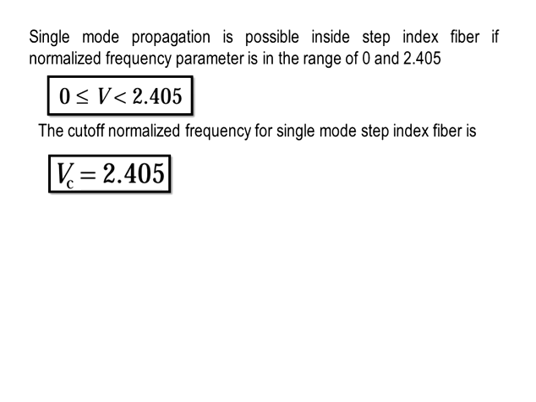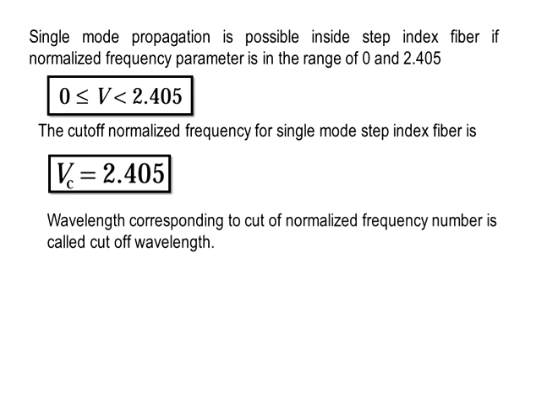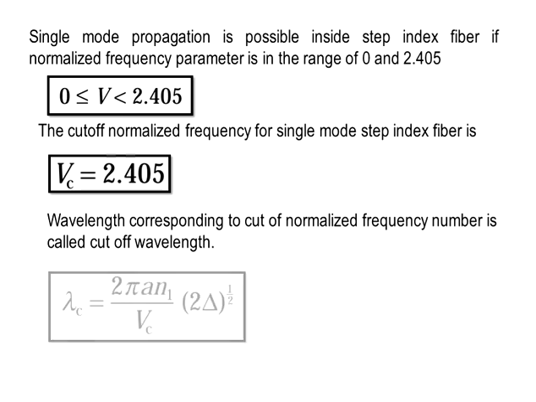Corresponding to this cutoff frequency, we define the cutoff wavelength, as we have discussed in the earlier section. The cutoff wavelength is the wavelength which corresponds to the cutoff V number 2.405.